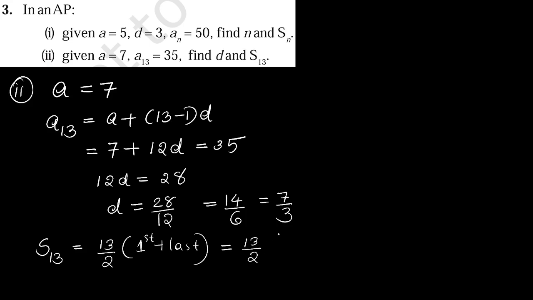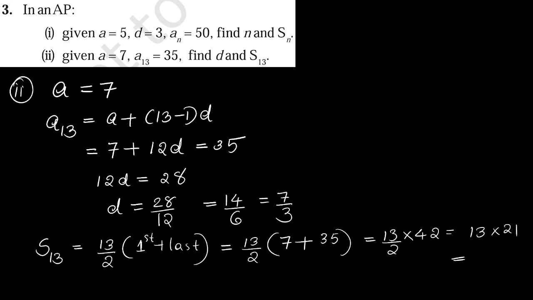13 by 2 into first term. The first term is 7. The last term means the 13th term. We are adding 13 terms, right? We have to find the sum of 13 terms. So the last term is the 13th term, which is 35. 13 by 2 into 42. 42 by 2 will be 21.